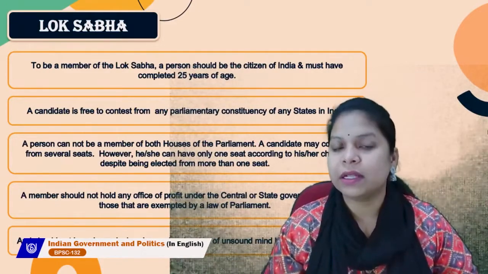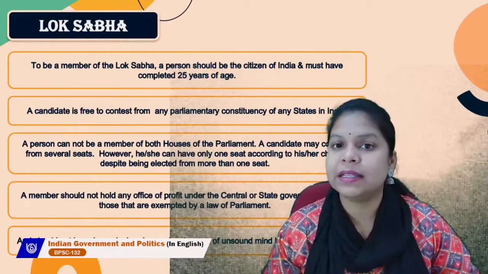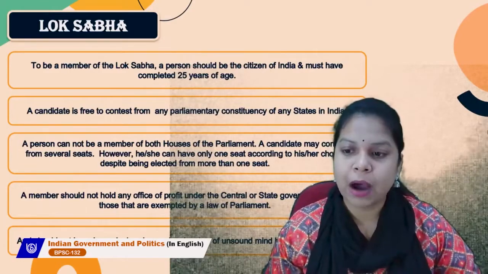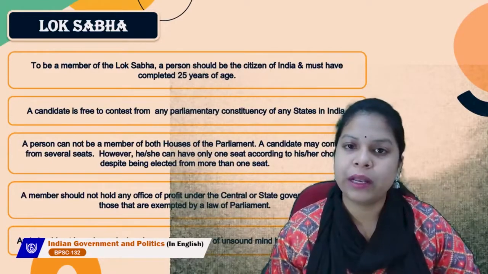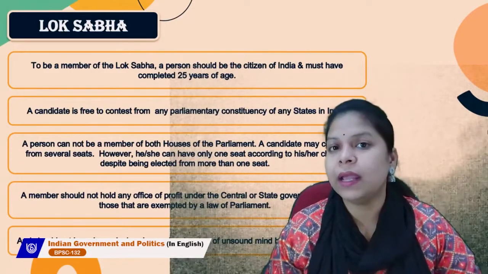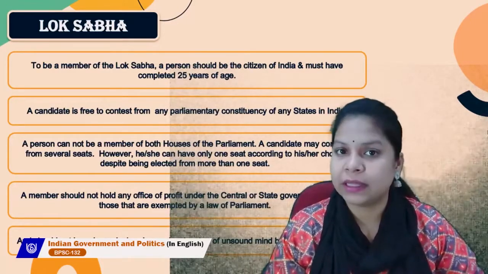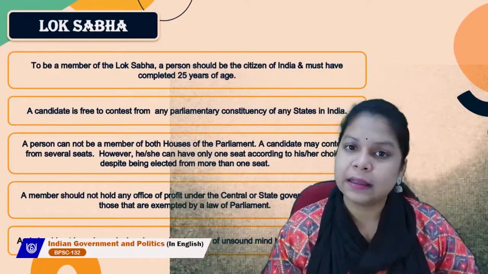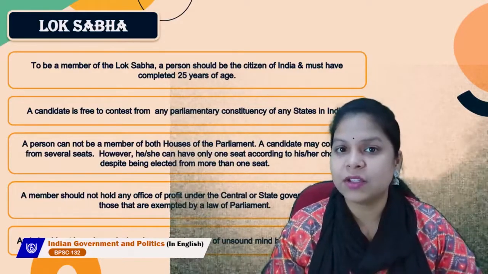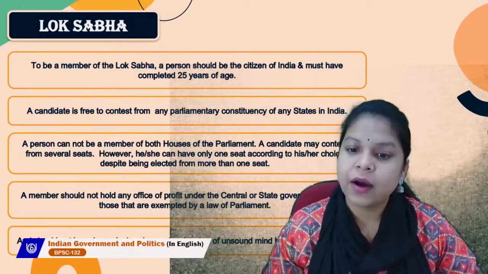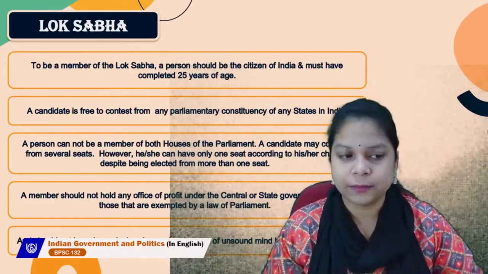So, if you are a citizen of India, you can contest elections from any part of India. It is not bound that you can only stand for elections from your own state. No, there is no provision like this. The constitution allows us to contest elections from any parliamentary constituency of any state in India.